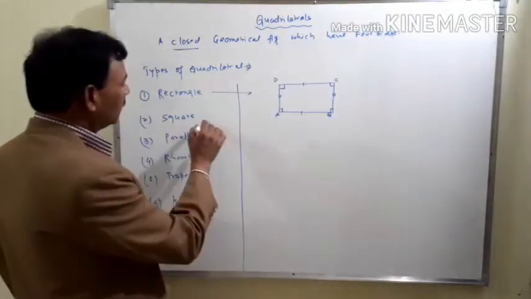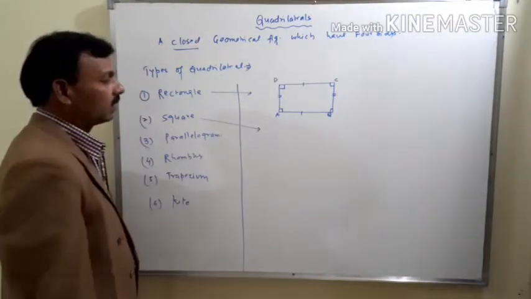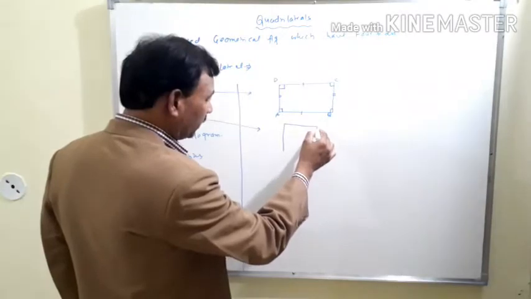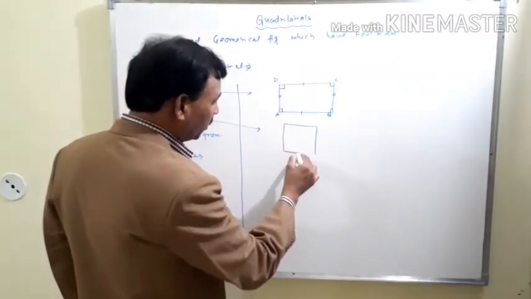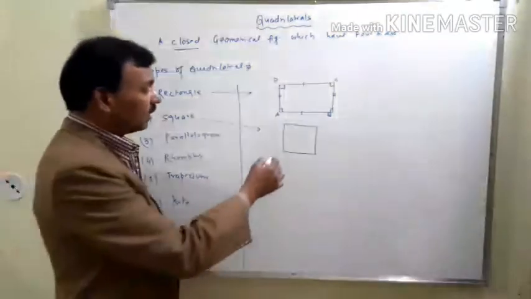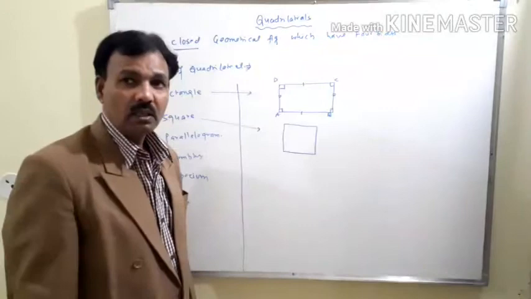Now second, we take the square. A rectangle is known as a square whose all sides are equal. All sides are equal in length and pairs of opposite sides are parallel.